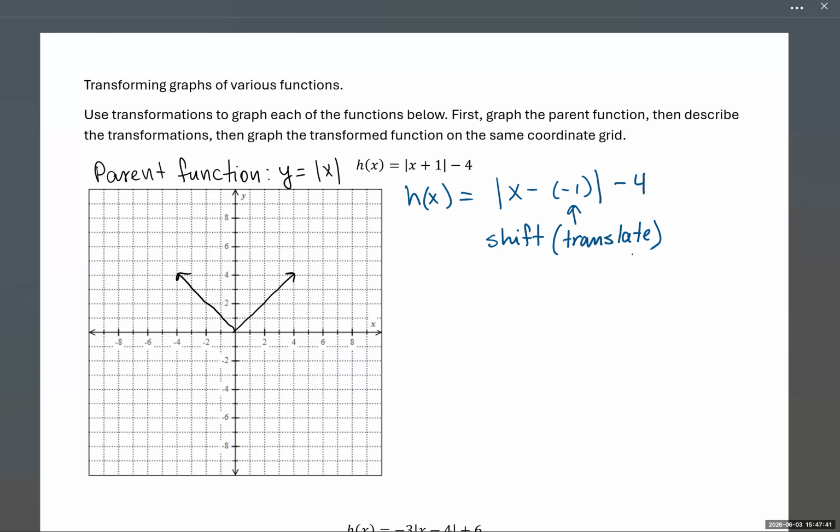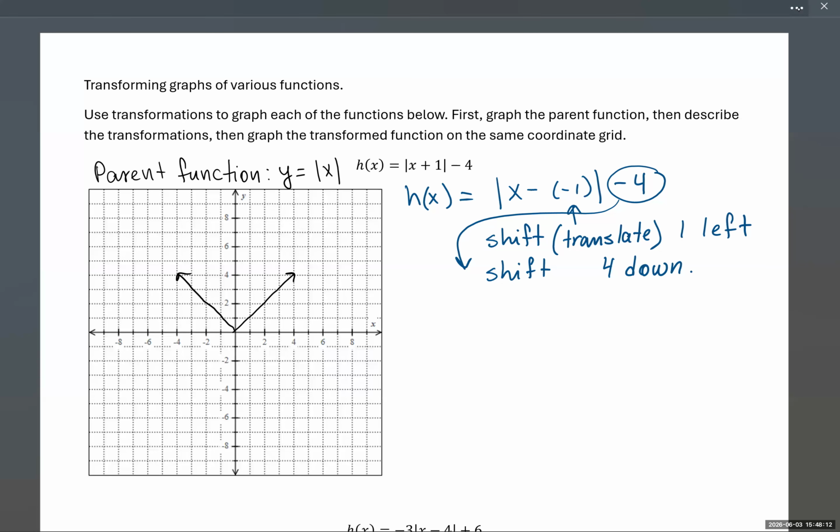The translate and shift are used interchangeably. Now this right here means that the function has been shifted or translated 4 units down. So that's all that's happening with this function. Nothing else is different. So let's go ahead and do the actual transformation.